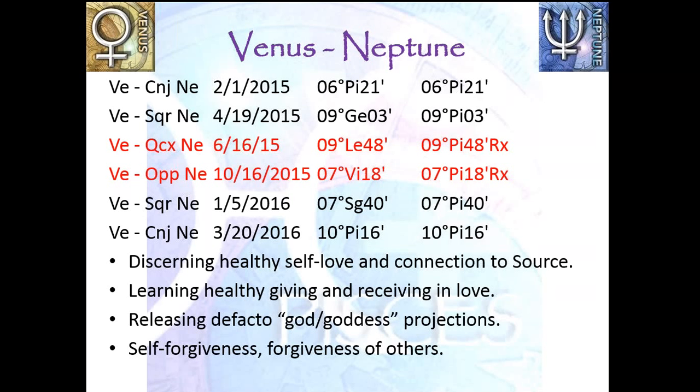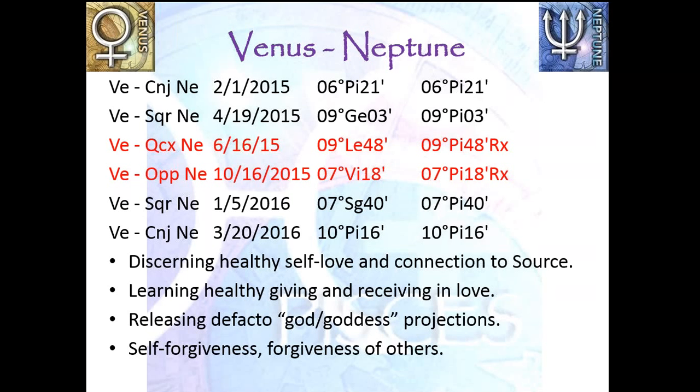Releasing any of those de facto God-Goddess projections. One of the things with Neptune in Pisces and the 12th house is that we'll project idealism onto the partner. We'll want them to, quote unquote, save us. We will make them into our substitute for Source energy.